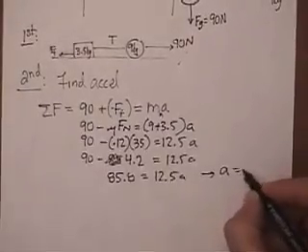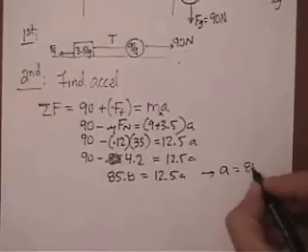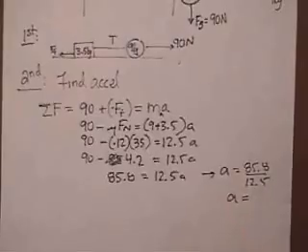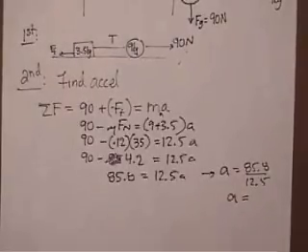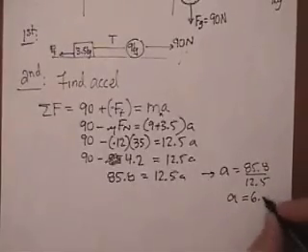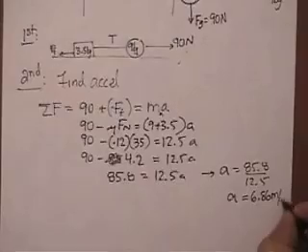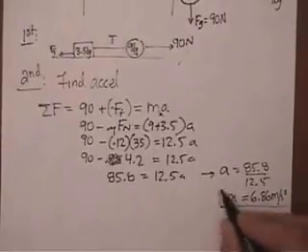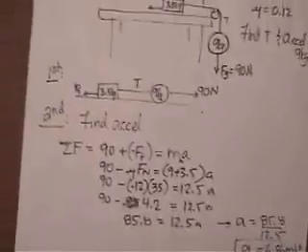So my a is going to be 85.8 divided by 12.5, and that ends up equaling 6.86 meters per second squared. I'm not going to write down a direction.